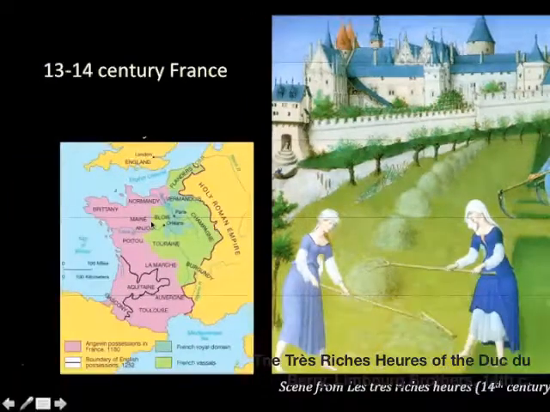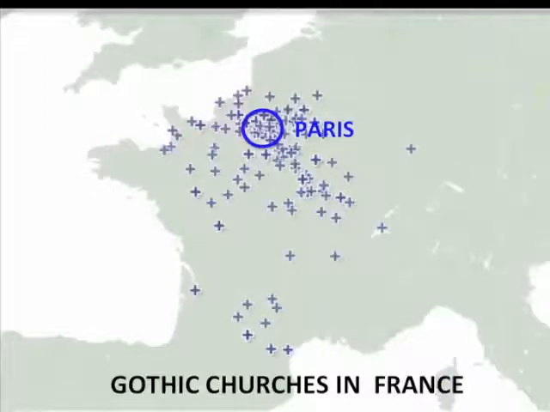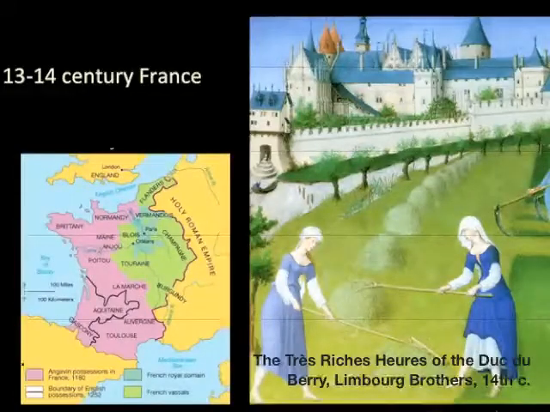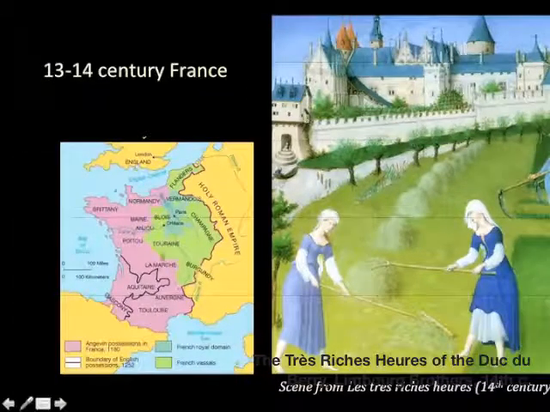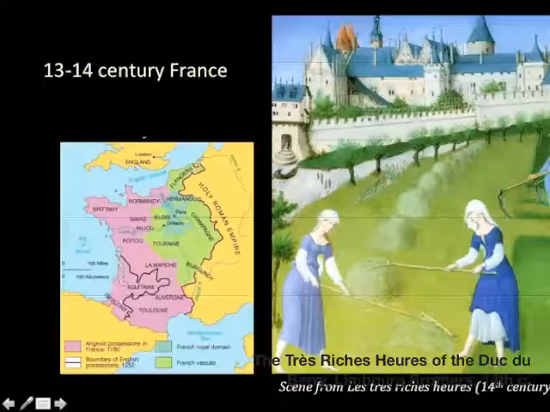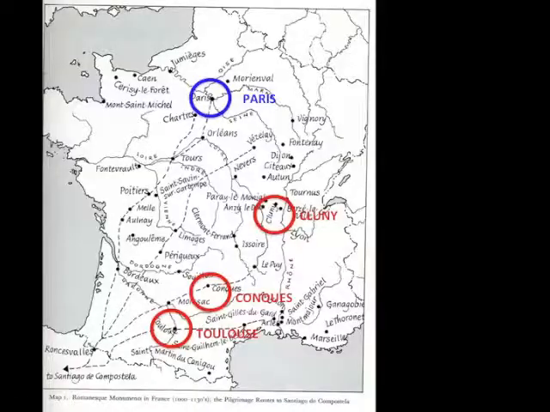The green stuff is where Gothic really took off. And interestingly enough, this pink stuff down here is more or less where most of the Romanesque building campaigns were happening. This is centered around Cluny, the great monastic church that we looked at before.